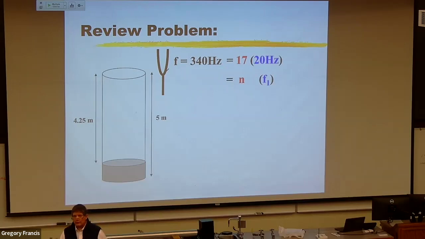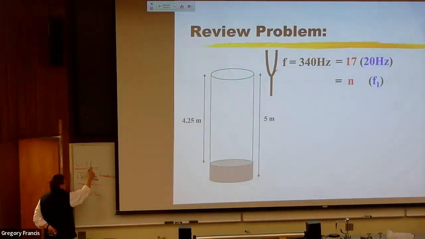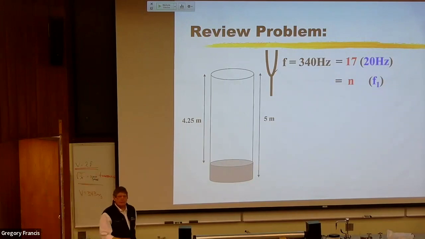Now the second way to do that is to figure out the wavelength for this tuning fork. Well, v is equal to lambda times the frequency. If this is 340 meters per second, and this is 340 hertz, what do I have to multiply 340 by to get 340? 1. So the wavelength of this tuning fork is 1 meter.